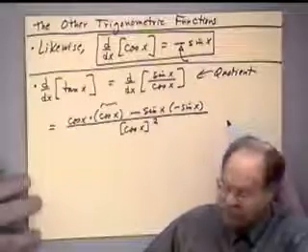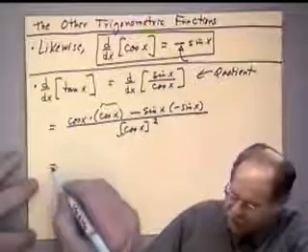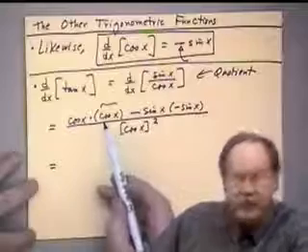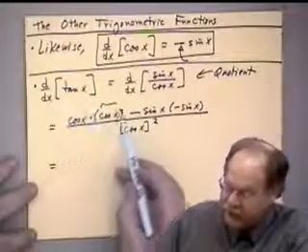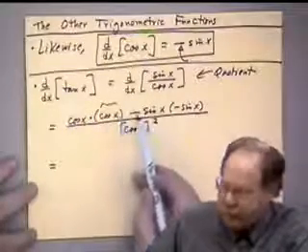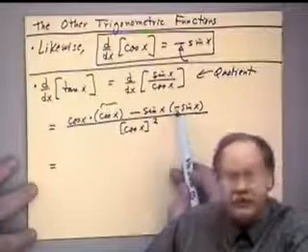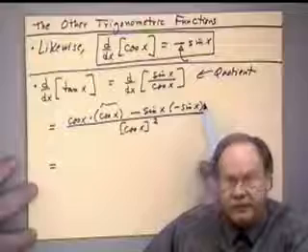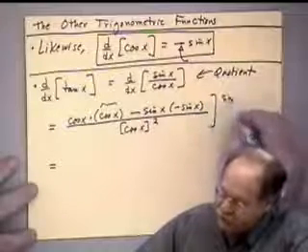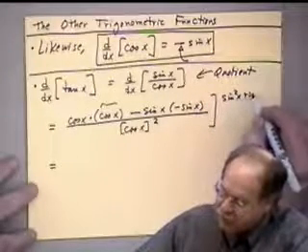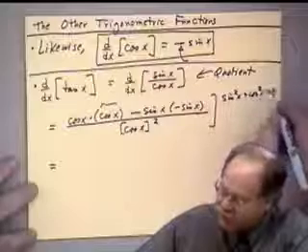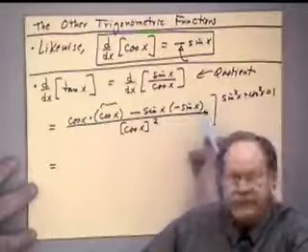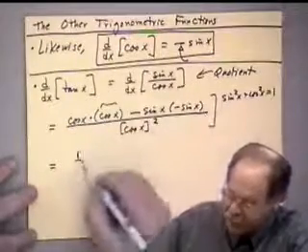This is the derivative. Let us simplify it so we can see what's going on here. The first thing you should quickly notice is this is cosine squared minus this expression. There's another minus here, so that's going to be plus, and this is sine squared. You may remember your identity that sine squared x plus cosine squared x is equal to 1. And that's exactly what we use here. The top simply becomes 1.